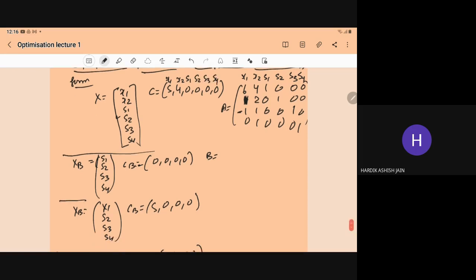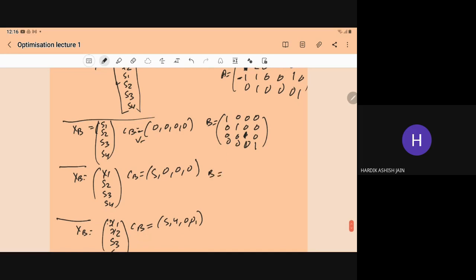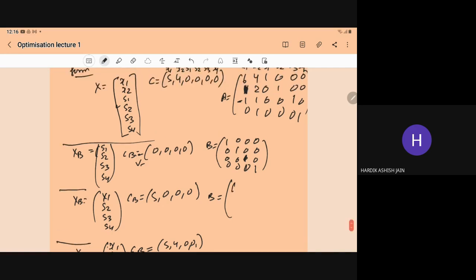So if the basic variables are s1, s2, s3, s4, here we have the CB, and B is equal to 1, 0, 0, 0, 0, 0, 1, 0, 0, 0, 0, 1. Corresponding to XB equal to x1, s2, s3, s4, we have 6, 1, minus 1, 0, 0, 1, 0, 0, 0, 0, 1, 0, 0, 0, 0, 1.